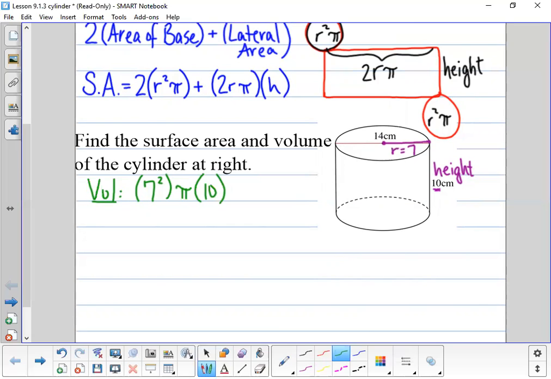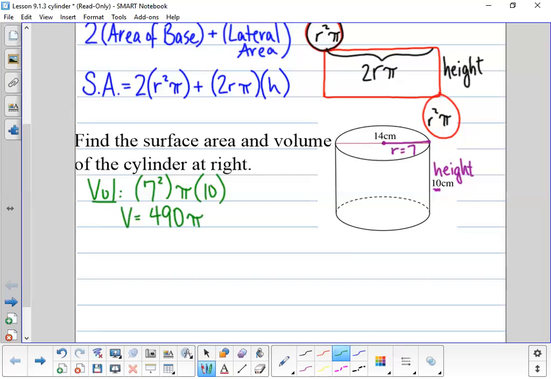So if I had 7 squared times x times 10, I would multiply the numbers to get one big number, and then I would put x at the end. We're going to do the same thing with pi. So I'm going to do 7 squared, which is 49, and then 49 times 10, which is 490. And then it would be 490 pi.